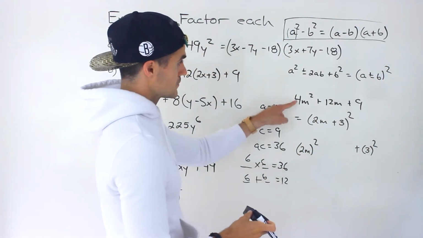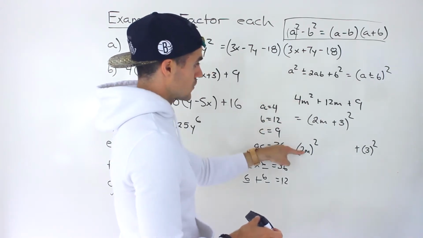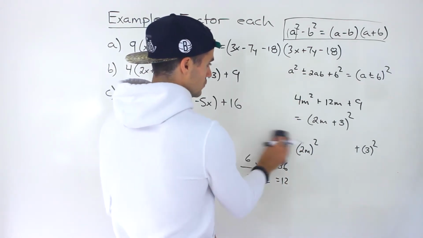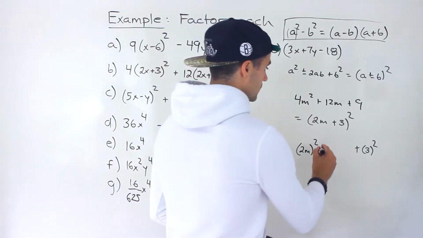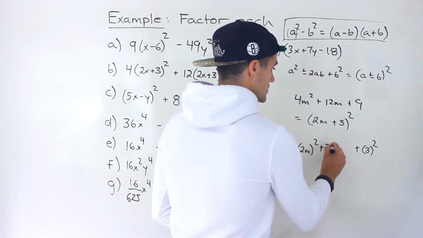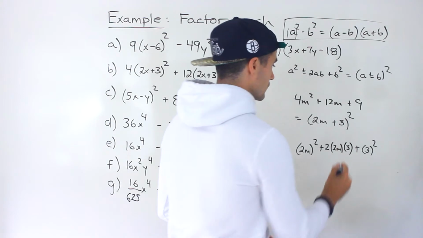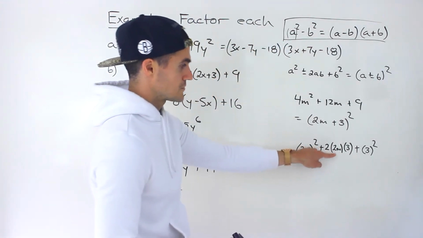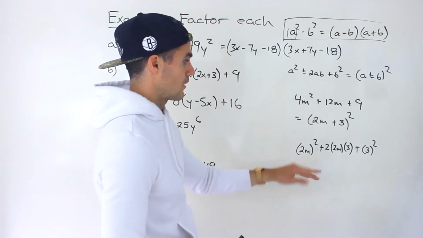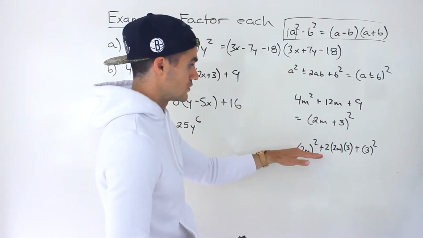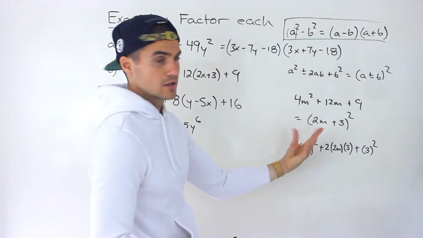So from here, because we wrote the first term as a squared, notice that the a value would be 2m, the b value would be 3, and then we'd have, because we're dealing with a positive case, plus 2 times the a value of 2m times that b value of 3. Notice 2 times 2m times 3 would indeed give us that 12m. So that would factor into that a value of 2m plus that b value of 3 squared. So you could also do it with the formula.